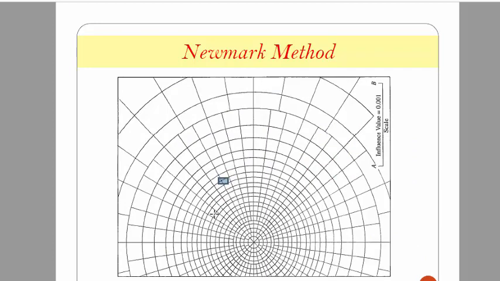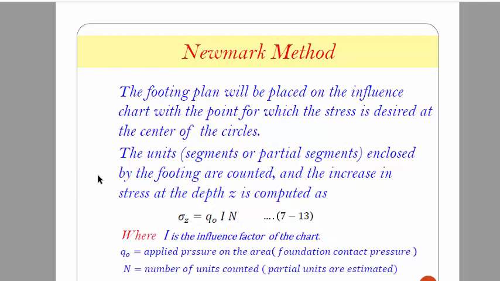So student, at this point your Newmark's chart is also completed. Okay, I am also discussing the class, but today I am discussing briefly. So from my point of view, your foundation engineering syllabus is totally complete. So go through the syllabus. If you find any kind of difficulty, you can call me, message me, or mail me.